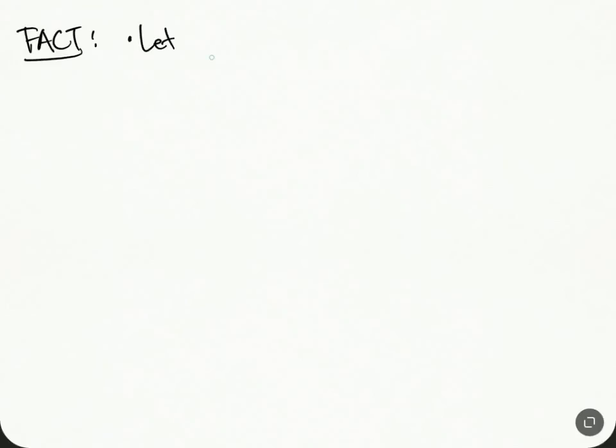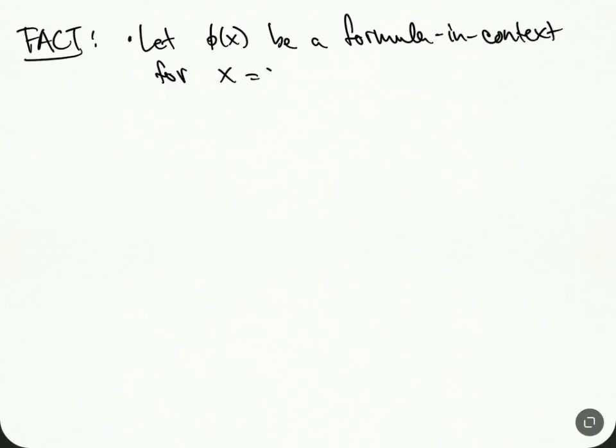let phi of x be a formula in context for x1 through xn, and let's say that the sort of x is A, which is really a product of the Ai, a bunch of other sorts. So we have this formula in context here.